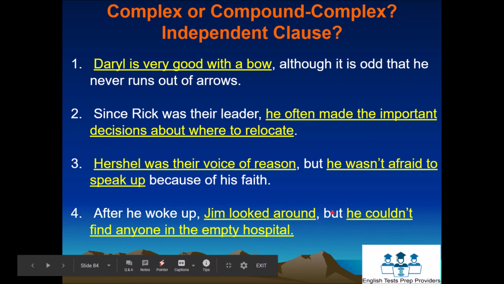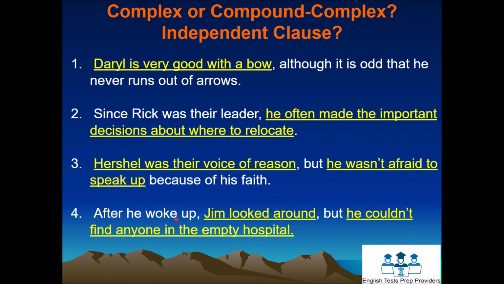So but joins these two independent clauses, thus we have two complete sentences. How about after he woke up? So after he woke up is our dependent clause. So we have one dependent clause and two independent clauses. Thus, this is a compound complex sentence.